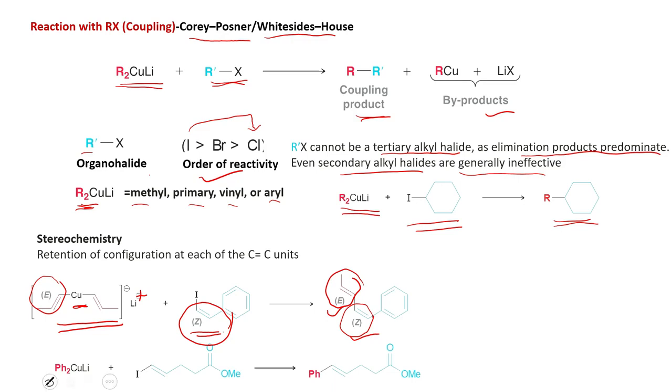If you treat this Gilman reagent with this iodide, the stereochemistry will remain the same. No inversion of configuration.